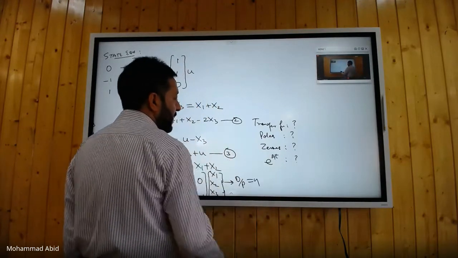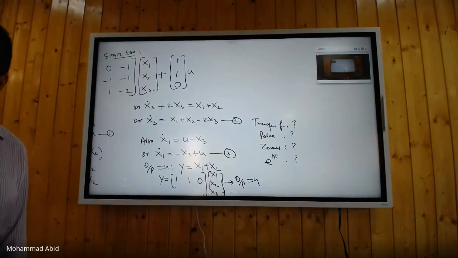What is e to the power At? What is this known as? Yes, roll number 2. Who is roll number 2? Roll number 2. Present है क्या? कि मैं एब्सेंट मार्क करूं? Who is roll number 3? Roll number 3. Roll number 4. Can you hear me? Yes, sir. Who is roll number 4?